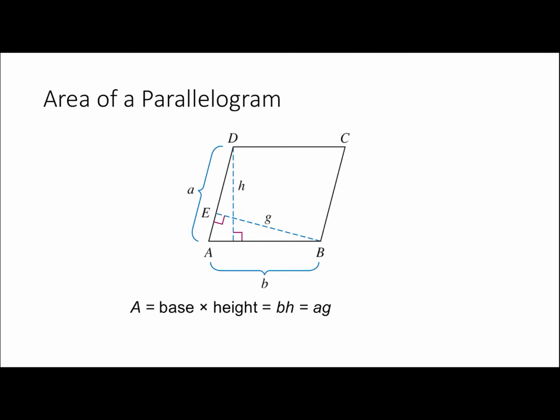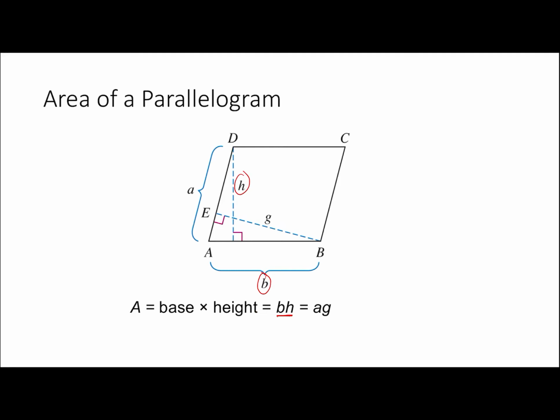For a parallelogram, it's similar. We don't call it length times width, and instead we call it base times height. That's where the BH comes from. Now, we have happened to label these parts as B and H. You can see the B here, you see the H here. But really it's base times height. So in a parallelogram, you know that opposite sides are congruent.